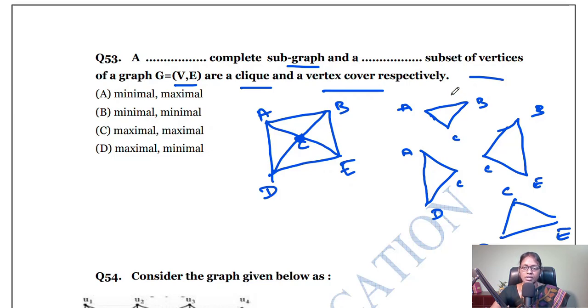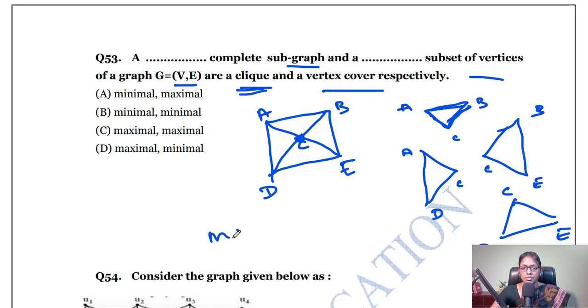This is called a clique. We cannot split more than this. So this is A, B, C. More than this we cannot make a subgraph inside. So this is called a complete subgraph. A, B, D is also a subgraph, but a clique is a complete subgraph, and first of all we will see the clique. So this is a clique, the maximum complete subgraph. After that you cannot find more.